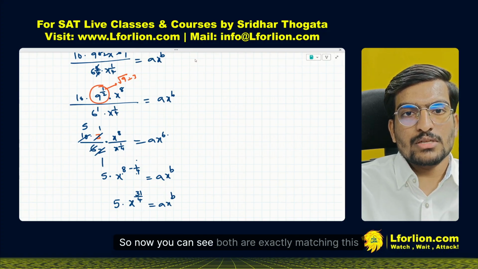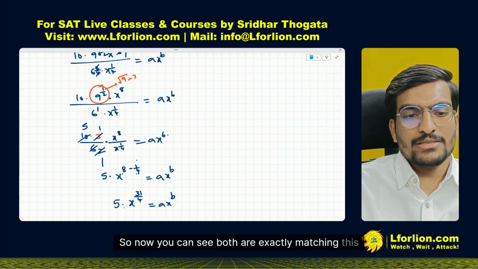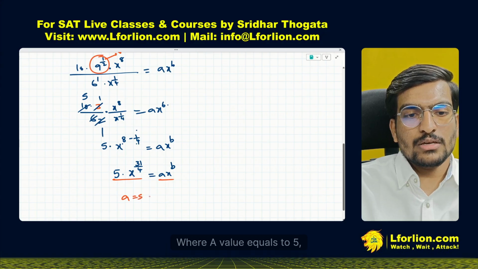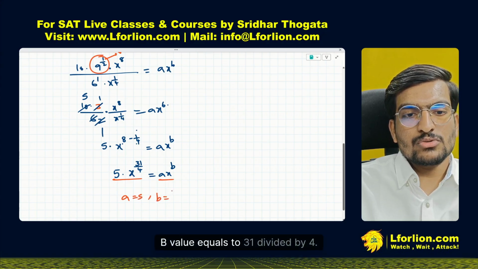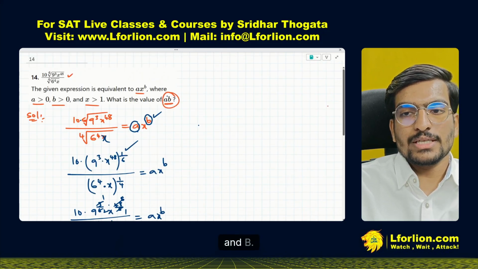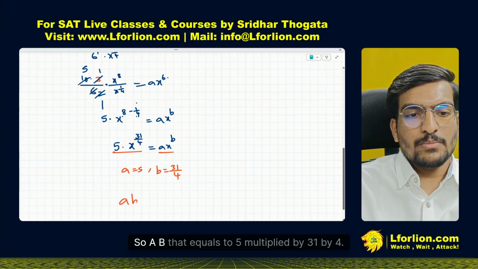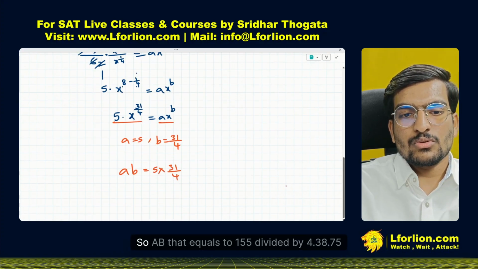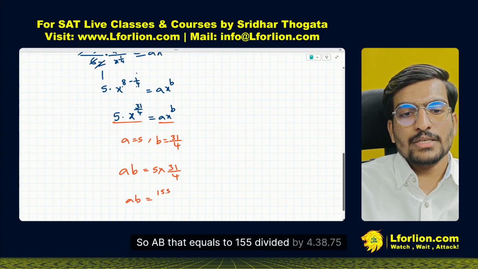Now you can see both are exactly matching, this and this, where a equals 5, b equals 31 divided by 4. But we need to find the value of a times b, not a and b. So ab equals 5 multiplied by 31 by 4. So ab equals 155 divided by 4.